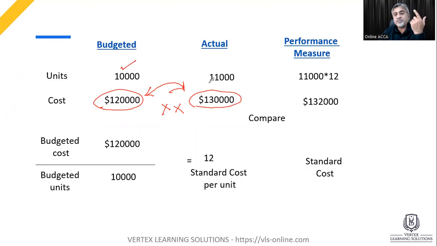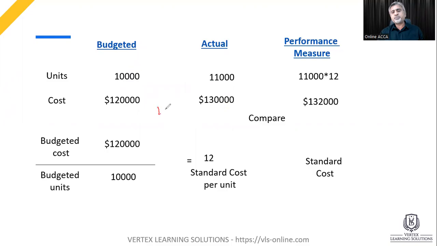We in reality produced 11,000 units. So this cost is not for 10,000. I cannot compare these. It would be very unfair if I say, oh, you spent 10,000 extra. You would immediately say, sir, I also produced 1,000 units more.